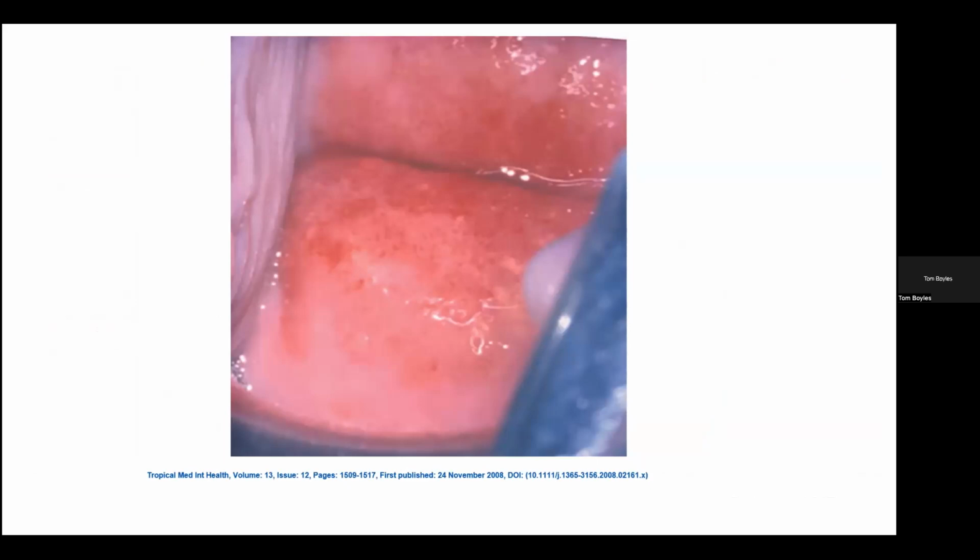This is a chronic condition causing itch, discharge, bleeding, and dyspareunia, and can lead to infertility. Importantly, in the areas we're talking about, it is an independent risk factor for HIV acquisition, which you can imagine looking at the inflamed nature of that cervix.